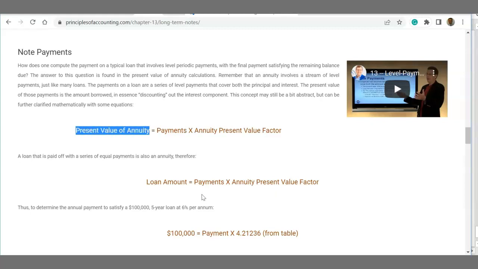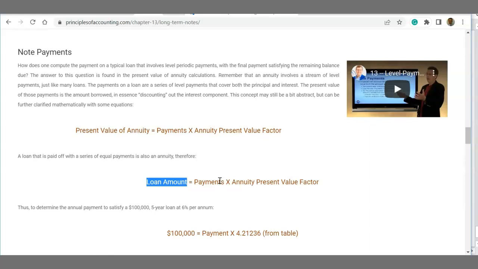Now, if you want to calculate how much the payment is if you borrow money, that means you are looking at the present value of the borrowing, which is here, and then divided by the factor, it gives you the payment.